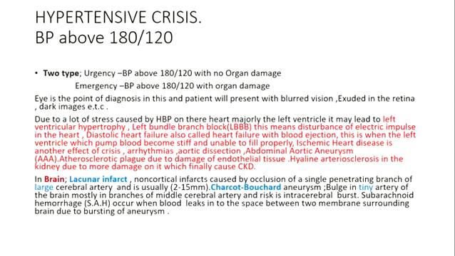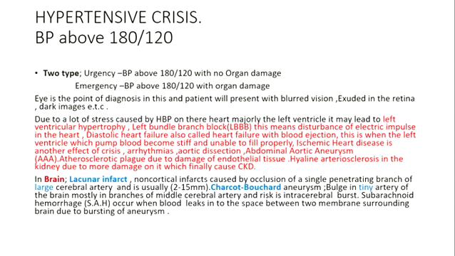Another one is hyaline arteriosclerosis in the kidney due to damage in the kidney by high blood pressure. It will cause what we call hyaline arteriosclerosis, and hyaline arteriosclerosis can finally lead to chronic kidney disease, or CKD. So there are different organs affected by hypertensive crisis, or high blood pressure.